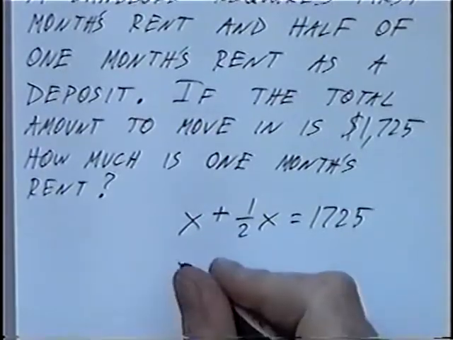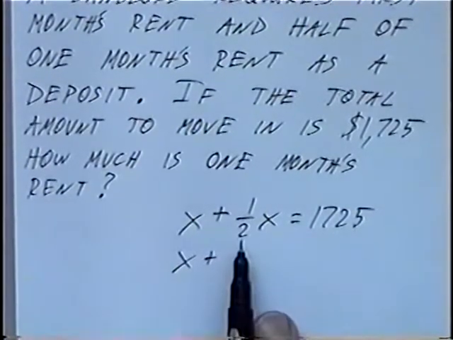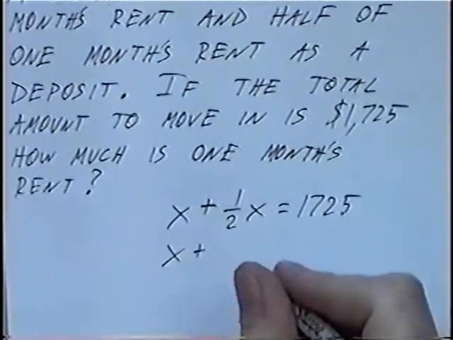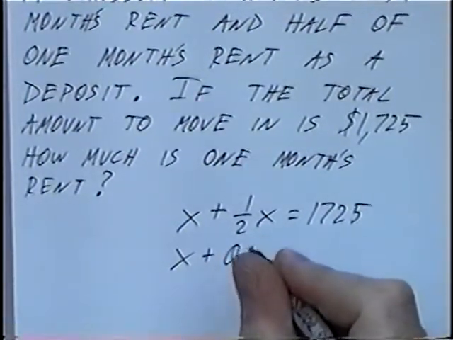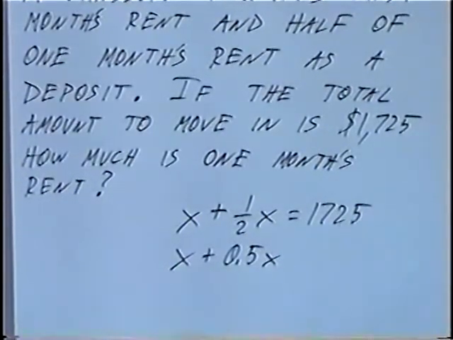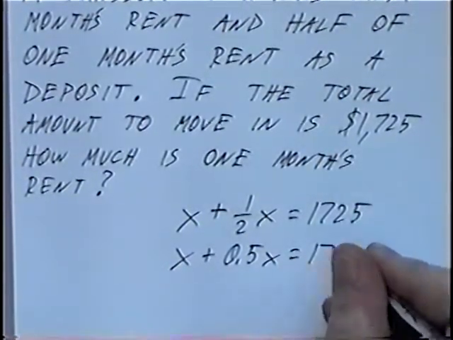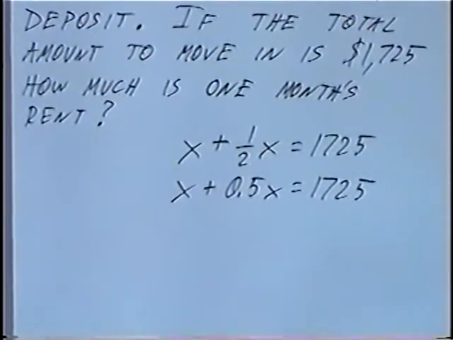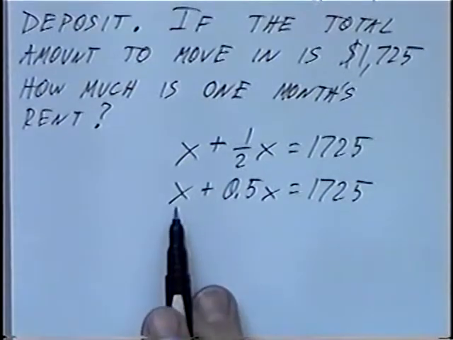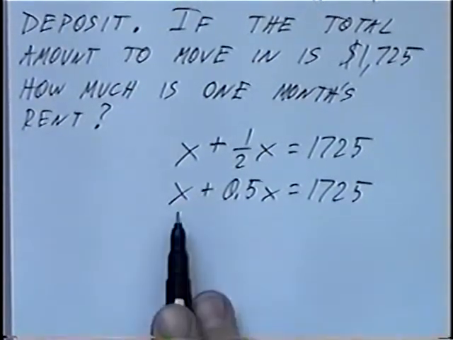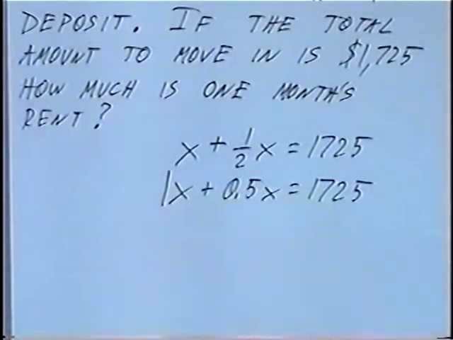Solving this question, if we take 1/2, we can change that to a decimal. 1/2 is 0.5 as a decimal, so 1/2 x would be 0.5x, equals 1725. To combine like terms, if we have x plus 0.5x, x, if you want to, you can put a 1 in front.